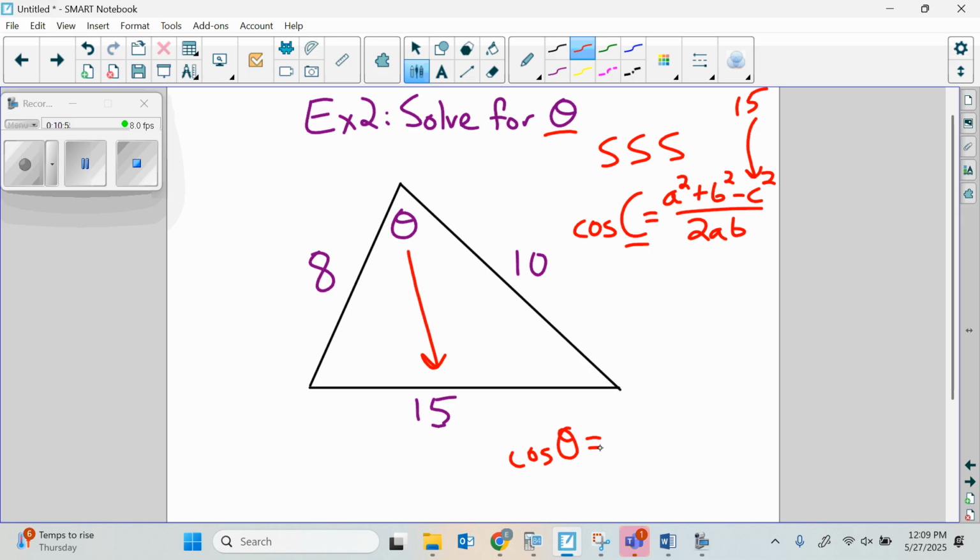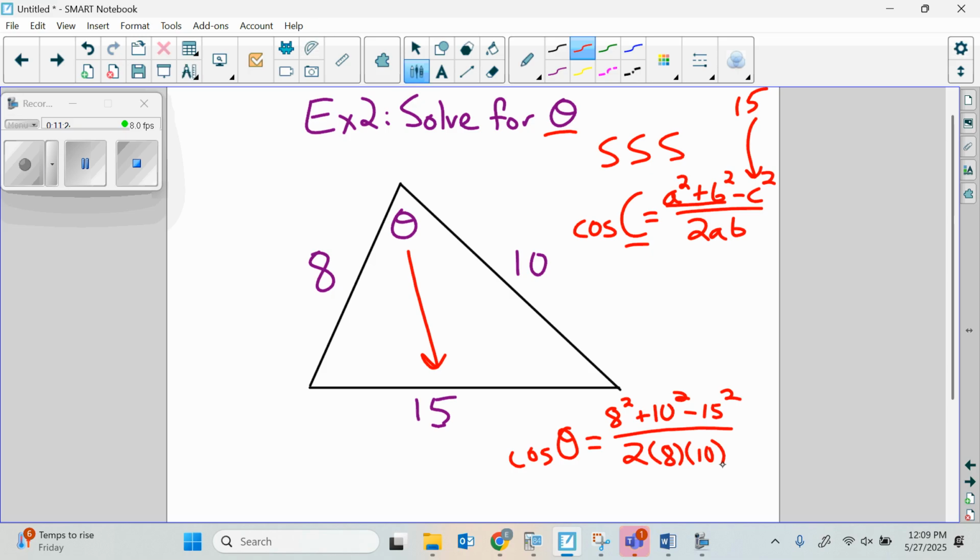Doesn't matter the order, so I'll go 8 squared plus 10 squared, just like up here in the a squared plus b squared, minus, again, this one always has to be the opposite side. So in this case, it's 15 squared over 2 times a times b. Well, again, those numbers 8 and 10 are going to show up again here. And there's my equation that's going to solve for theta.